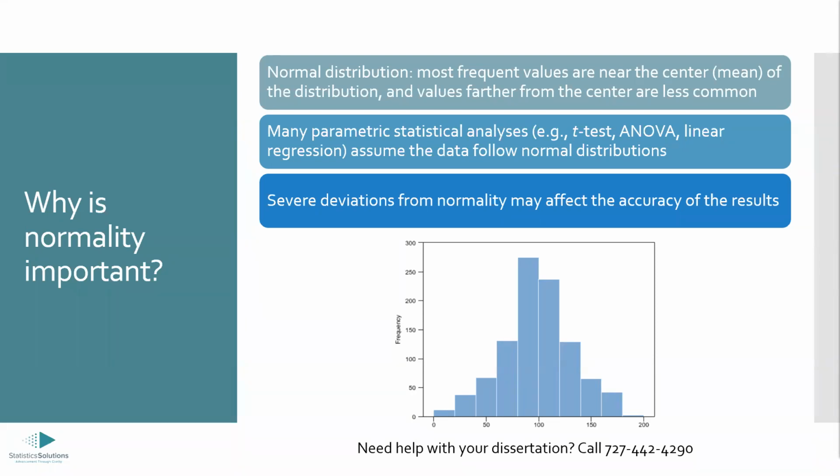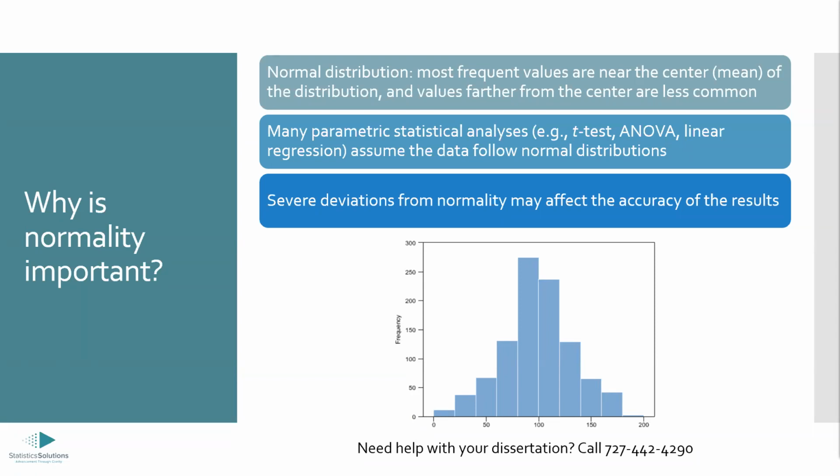And so severe deviations from normality, if a test assumes normality, may affect the accuracy of the results. So if you try to run a t-test or an ANOVA on data that is very highly skewed or not normally distributed, the accuracy of that t-test or ANOVA may be reduced, because the data are not normally distributed.